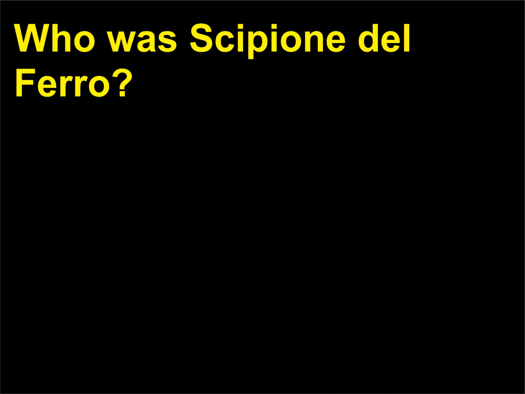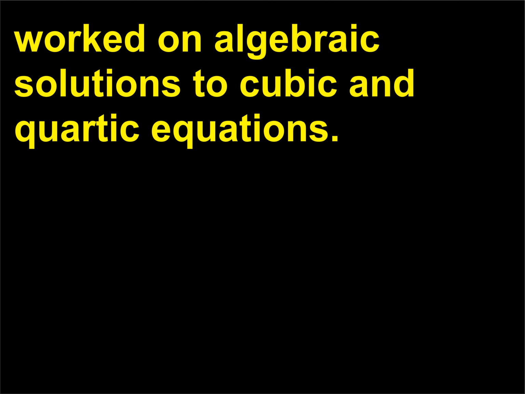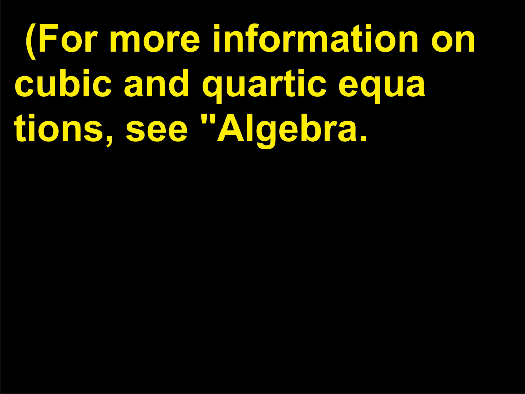Who was Scipione del Ferro? There were several mathematicians in the 16th century who worked on algebraic solutions to cubic and quartic equations. For more information on cubic and quartic equations, see algebra.